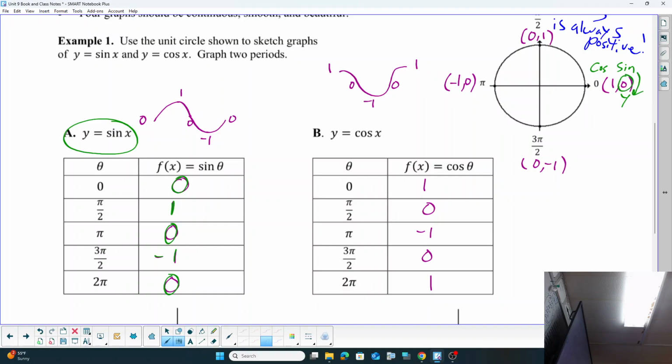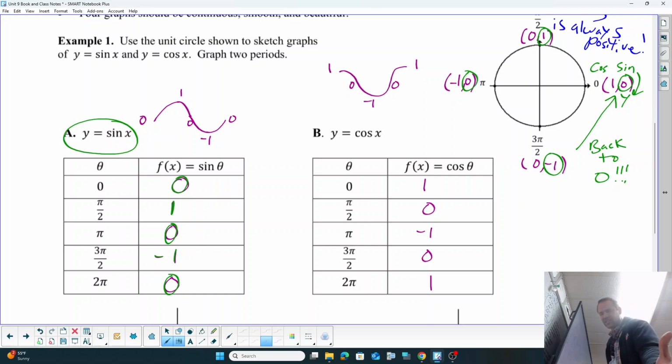So 0, 1, 0, -1, and then back to 0. So that's how you use the circle to get those y values. So these are the x values, and these are the y values.